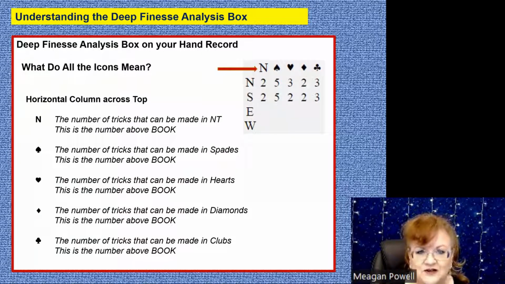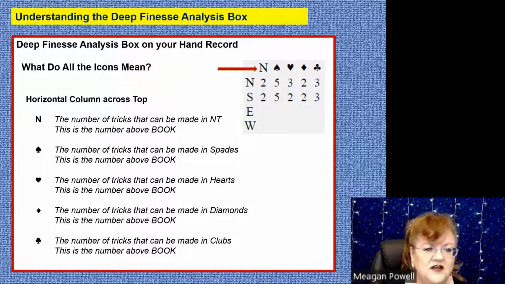But then you have to look at the horizontal pieces, because if you look at, first of all, the horizontal top row, this N stands for no trump. Then you have spades, hearts, diamonds, and clubs. And then if you look at the numbers associated vertically and horizontally, this may help you understand the contracts that you could make in each area.